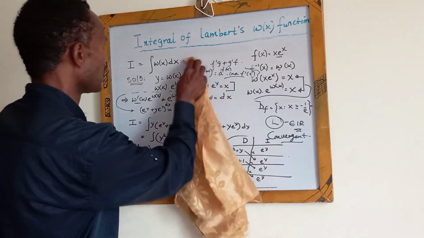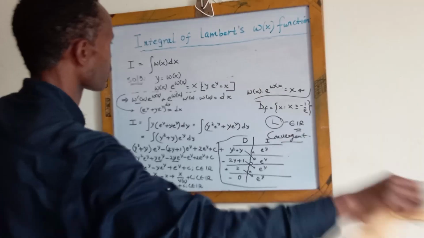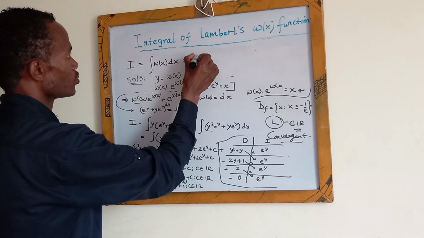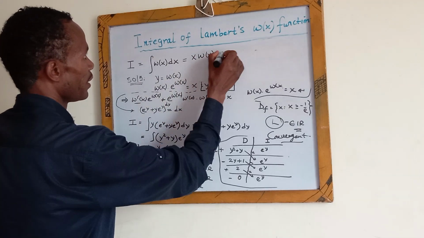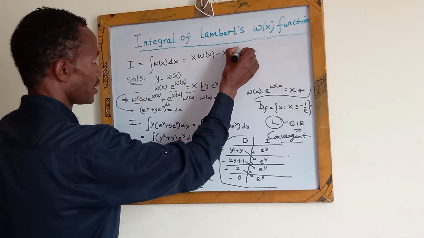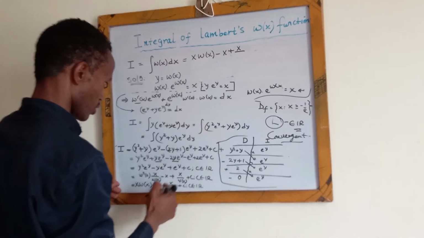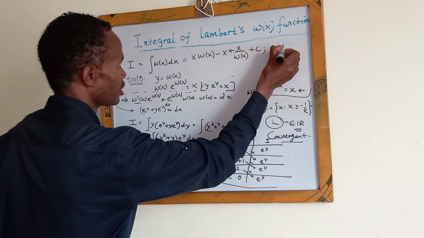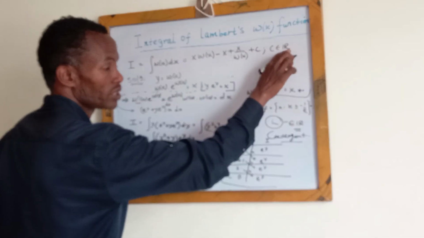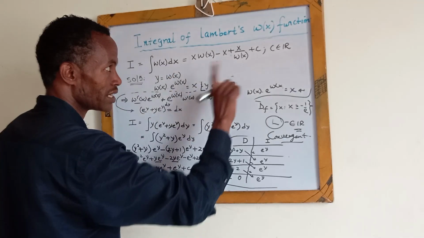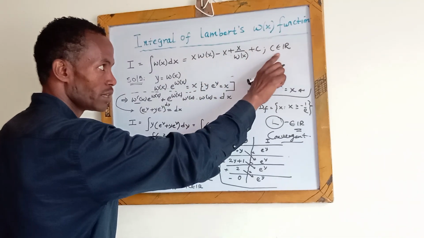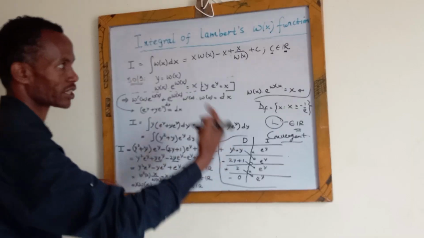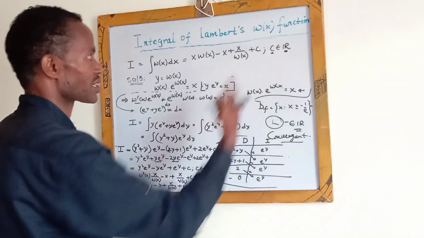In general, the integral of this will be x times W of x minus x plus x over W of x plus c, where c is an element of the set of real numbers, not complex numbers. c must be determined by whoever evaluates it. c is a constant, and that constant must be from the set of real numbers, not complex numbers.